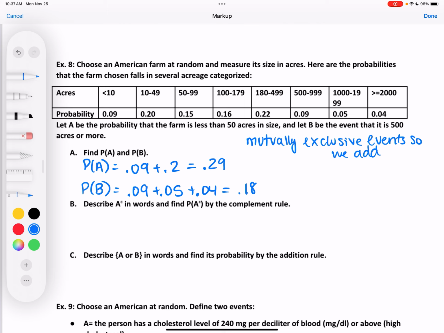So we know that A is farms that are less than 50 acres. So 50 acres or more. So A complement would be farms that are 50 acres or more in size.